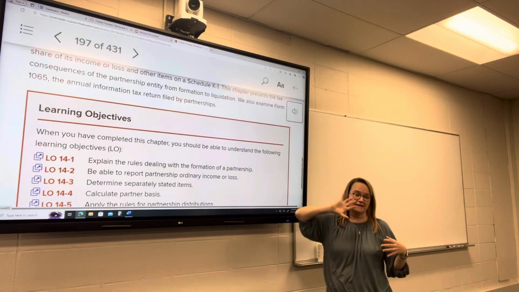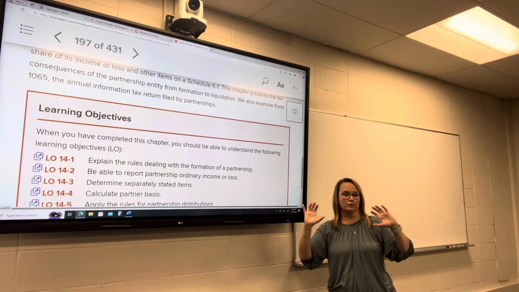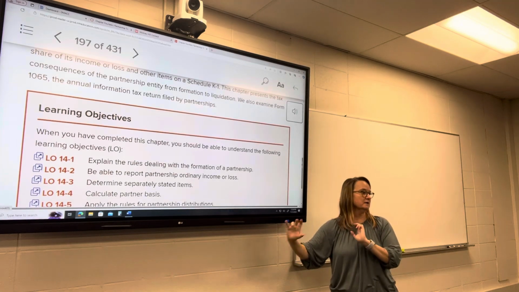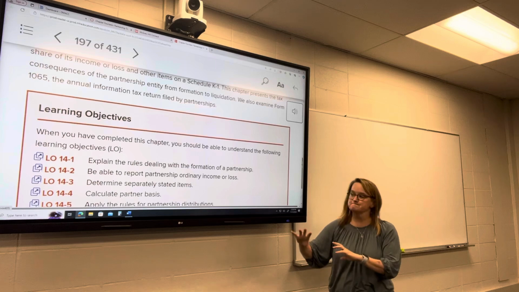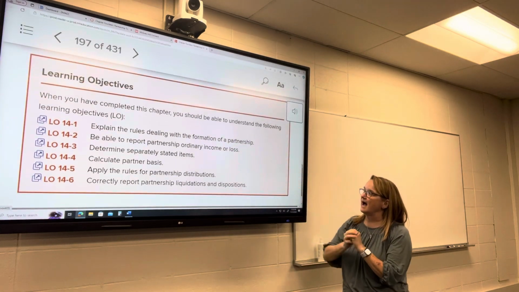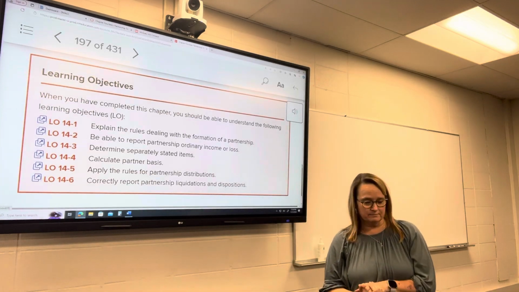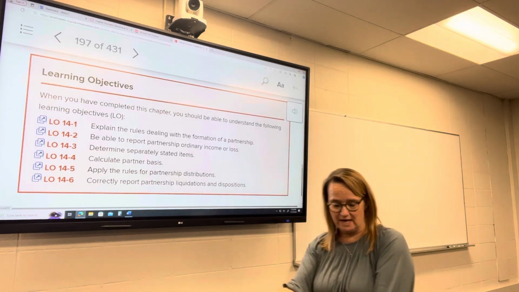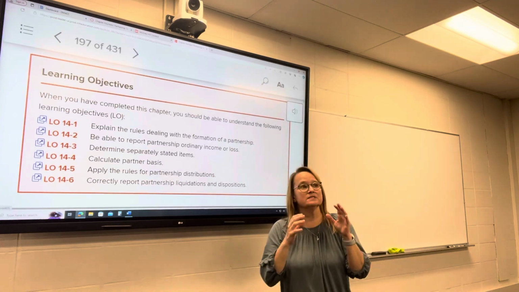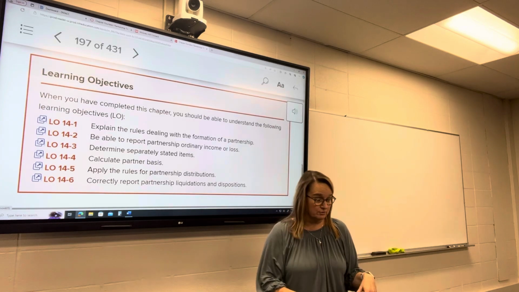So what we're looking at in this chapter is how it is all recorded before it passes through to the owners. All right, so we're going to start out talking about how a partnership is formed. There are a few ways that partnerships can be formed. It always involves some contribution from the new owners.